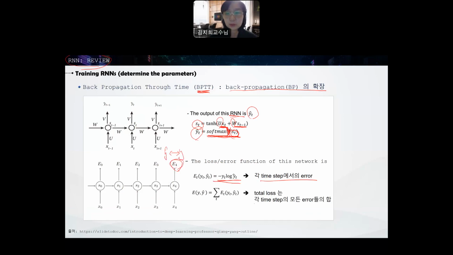We will accumulate all the errors through time. So for the penalties, for this one, for instance, you will get the error messages from all of these, and those are backpropagated through time.